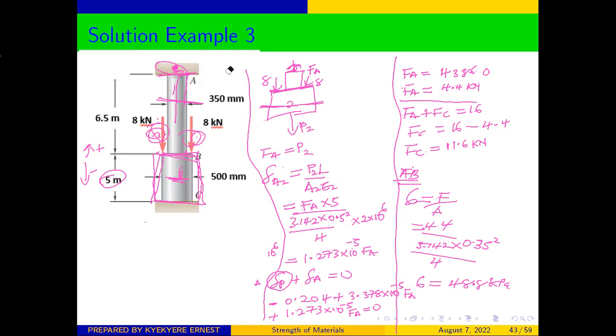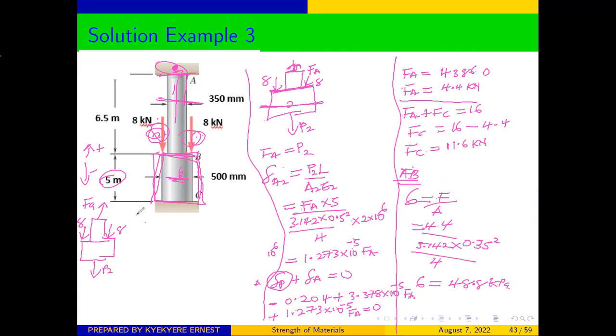I want you to get it once and for all. So our structure is like this. And we have a reaction at A, FA. And we have 8 here. This is also 8. And this is where we have cut, so this side is going to be P2.